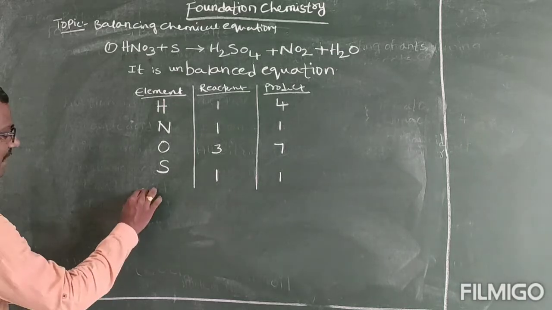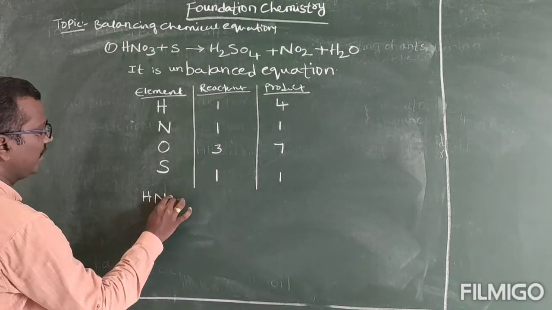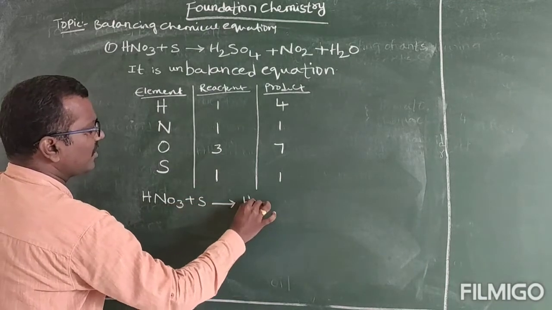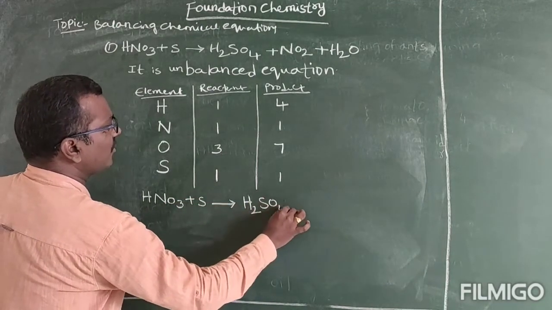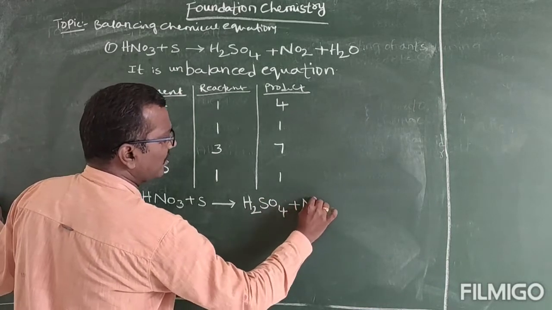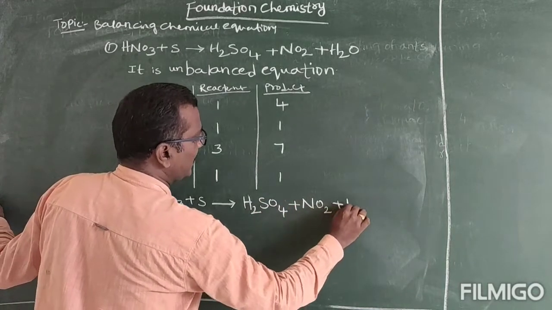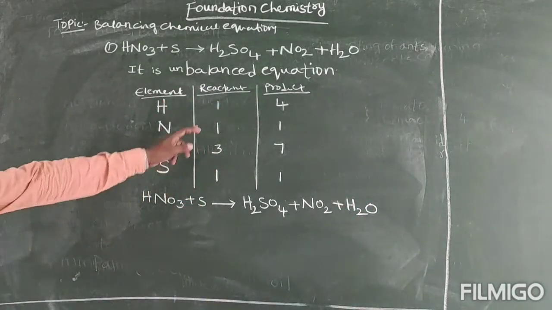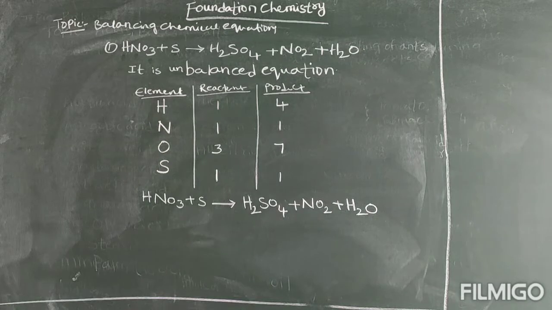So to balance, I will write HNO3 plus S gives rise to H2SO4 plus NO2 plus H2O. First I will try to balance hydrogens.